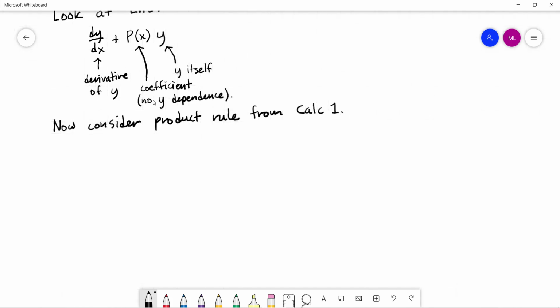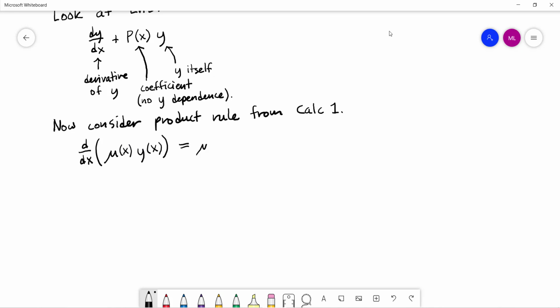Product rule in Calc 1 basically says this. If I take the derivative d/dx of some product, and I'm going to pick those two functions to be some function mu of x times some other function y of x. These are my product of two functions here. What do we get when we do product rule? Well, I get the first times the derivative of the second plus the second times the derivative of the first.